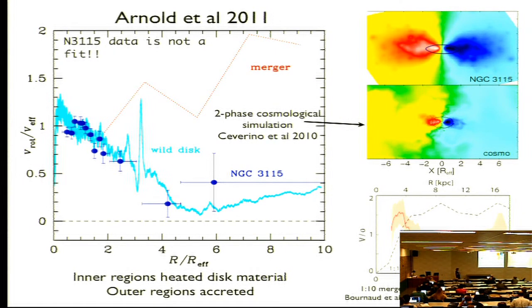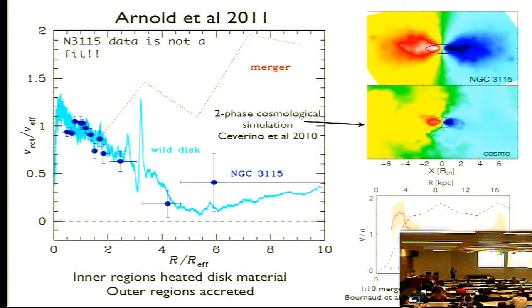And here, just for fun, is a merger simulation. This happens to be a 3-to-1 merger, but you can mess about with all different kinds of mergers. Here's a 1-to-10 merger. It's, of course, extraordinarily difficult to reproduce this trend of falling velocity as a function of galactocentric radius with any kind of reasonable merger model, because with mergers throwing angular momentum out to large radius, you'd expect the velocities to be rising.